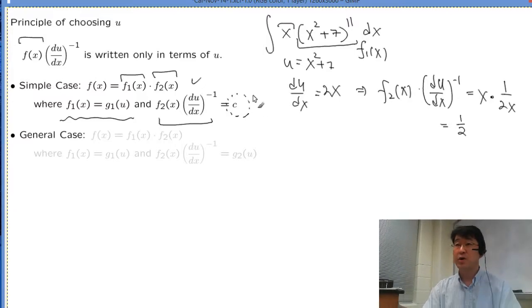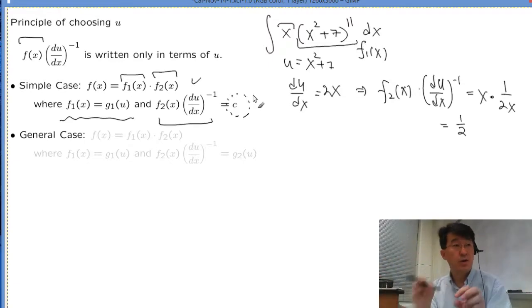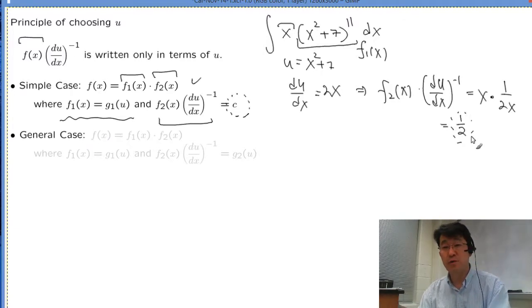You look at the integrand in two parts. With your choice of u, the reciprocal of du dx must annihilate the other one. That's the term I'm going to use. Okay? Make sense? Now this is a constant, therefore your choice is good. You move on.